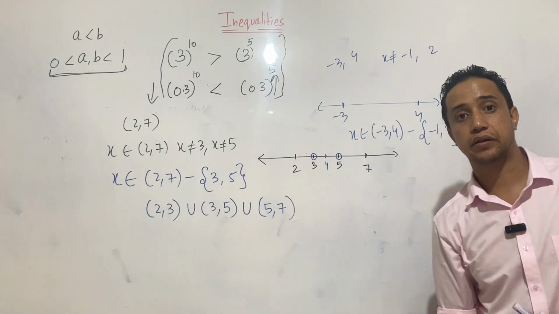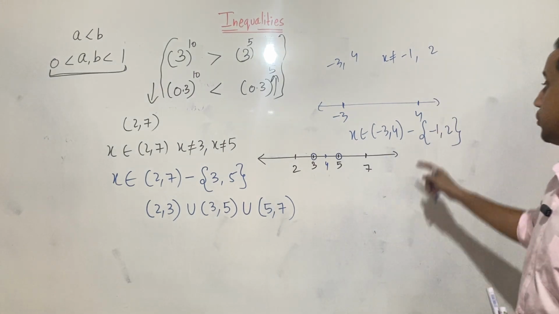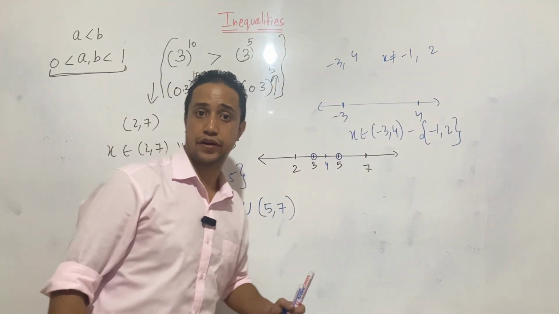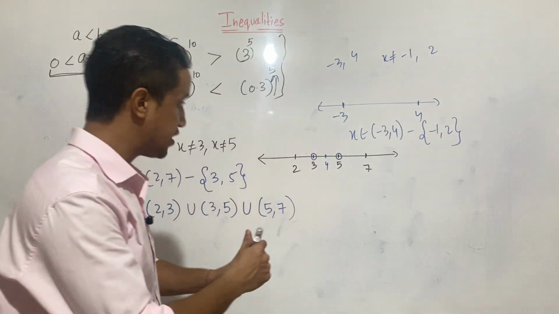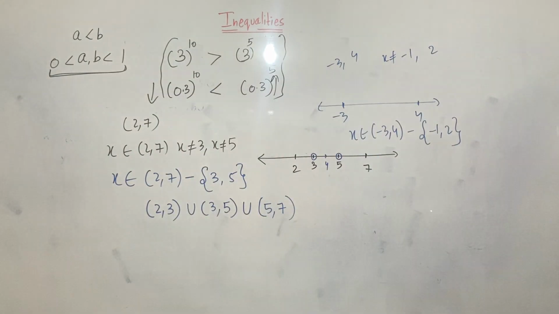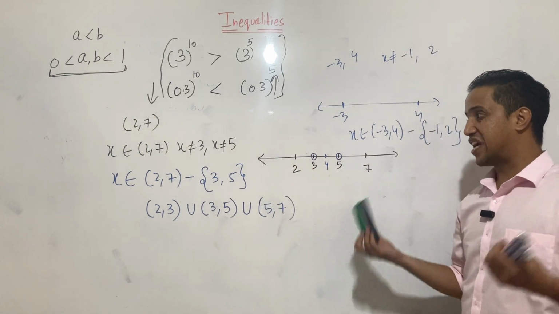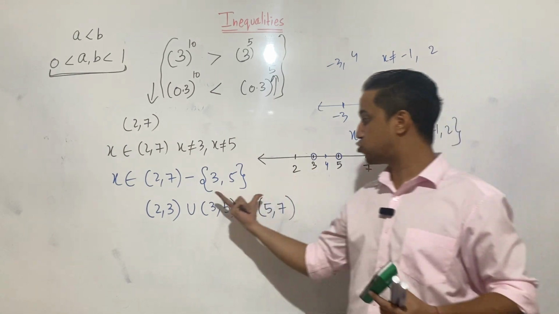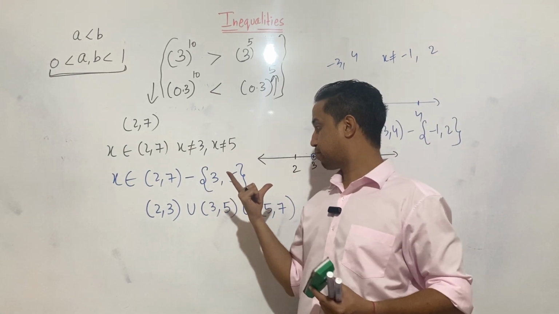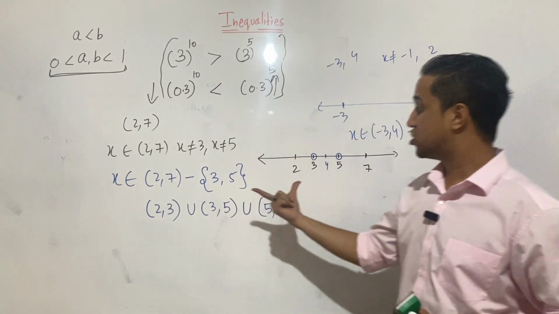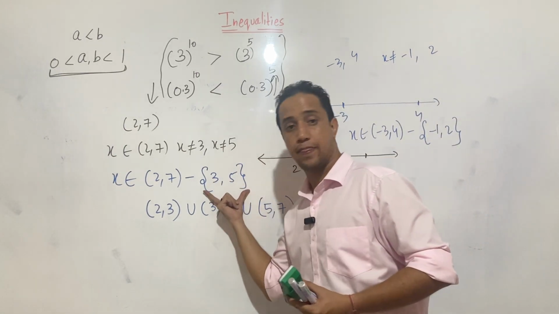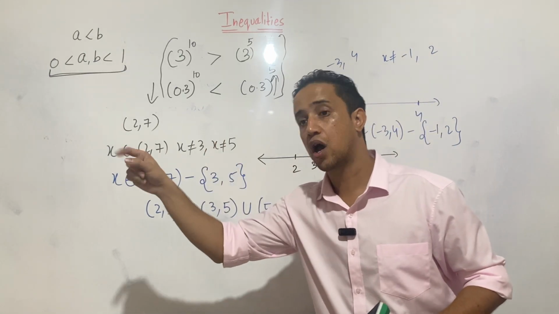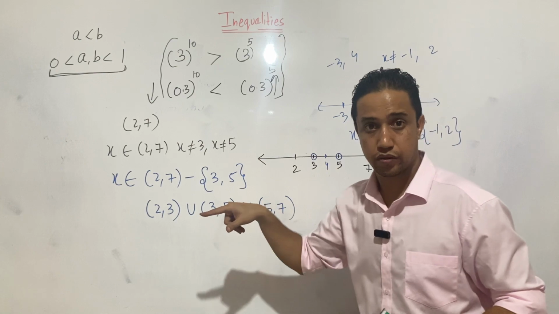I hope this is clear. Here you cannot use an open interval because that means something different. We are going to use it more often when we have to omit some values from the given interval. Then we have to make use of this set builder or roster form. So this is when we have to exclude some particular values from your interval.